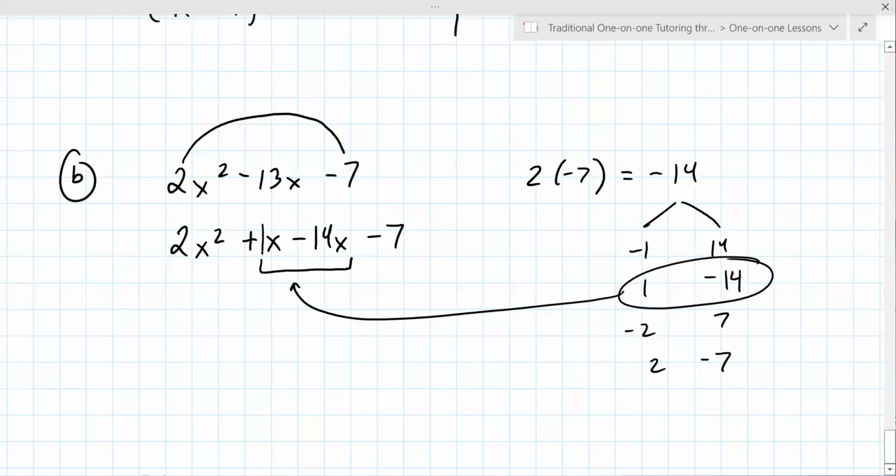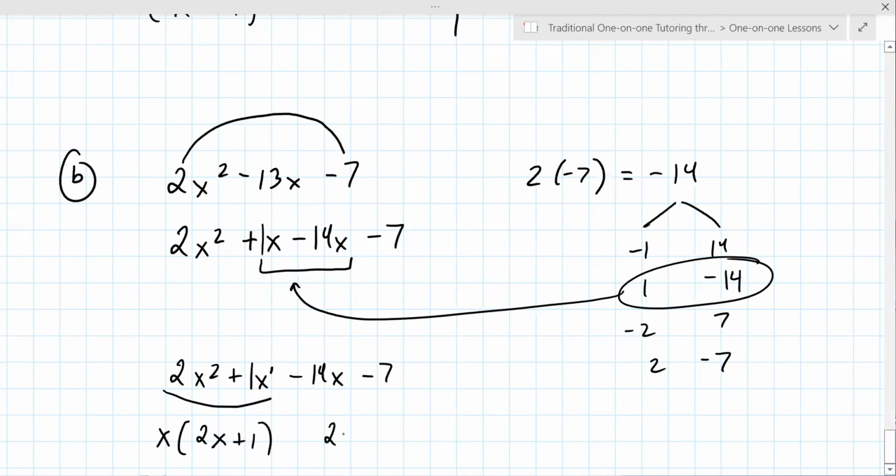Now I'm going to just rewrite it here. You look at the first two and you decide what is the common factor. 2x squared and x: between the 2 and the 1, it's just 1, and then it's x. So inside parentheses goes 2x plus 1.